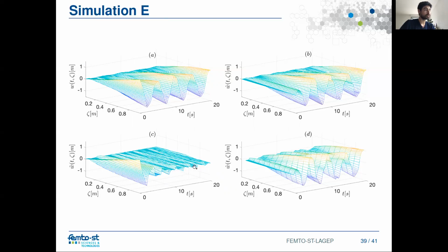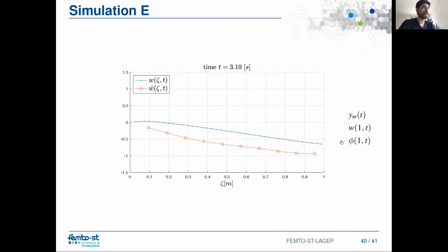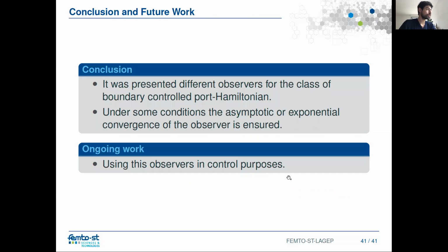You can see that the error converges to 0, and even a reduced order beam observer can converge. And here you have the simulation where we are measuring the displacement at that side and the angle of the beam, the blue one, and the red one is the estimated one.